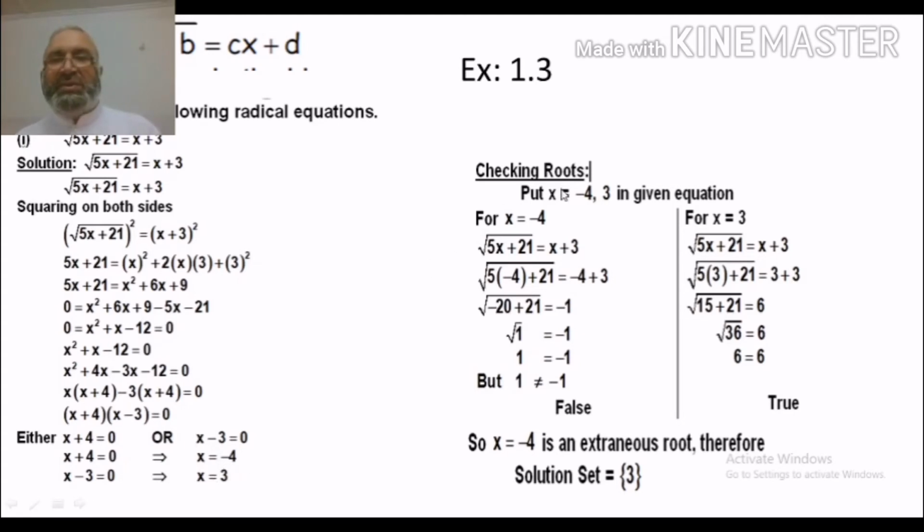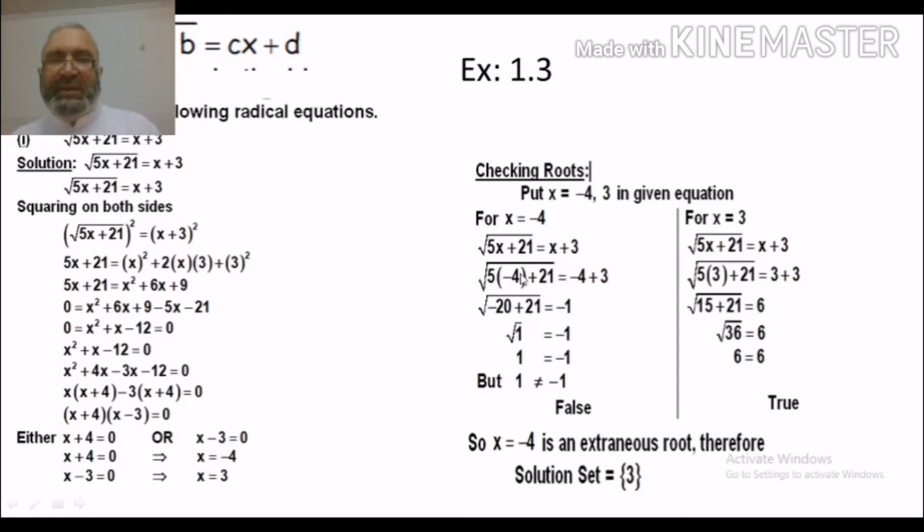So checking the roots, first x is equal to minus 4, and we will check for minus 4 and 3. For x is equal to minus 4, put x is equal to minus 4 in the original equation. We get square root of 5x plus 21 is equal to x plus 3. So this means 5 into minus 4 plus 21, under root, is equal to, on the right, minus 4 plus 3.